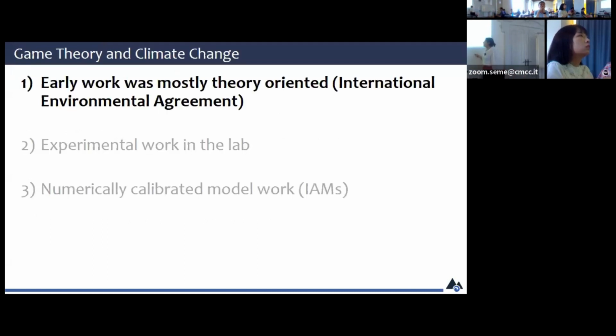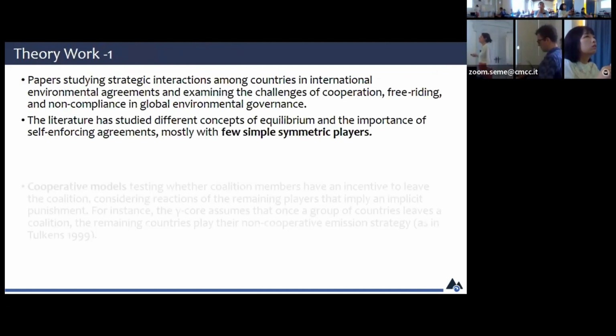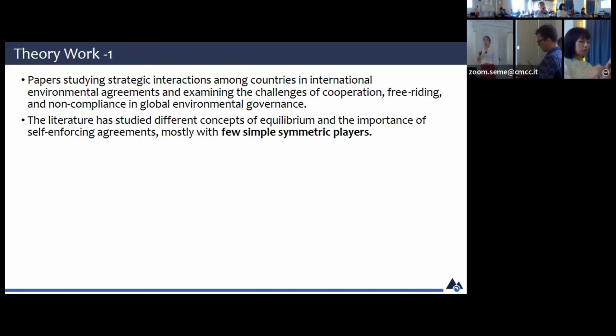Okay, so let me start from the early work that was mostly theory-oriented and looked into international environmental agreements. At the beginning, they also had in mind agreements about CFCs, etc. Then it all boiled down to climate change. So these were papers studying the interaction among countries.